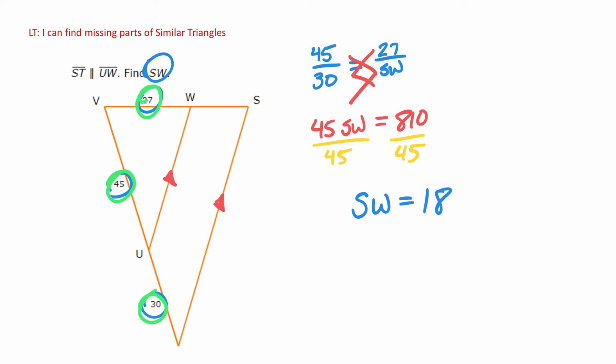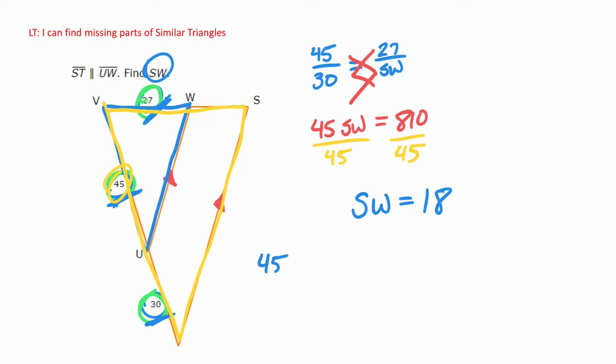And then always check your work to see if it actually makes sense. What I mean by that is 45 was larger than 30, just as 27 is larger than 18. And we could measure our scale factor on these to see how much of a scale this is just by simply dividing one side by the other. So like the triangle here that I'm highlighting in blue has a side of 45, and the other triangle is really this huge triangle.